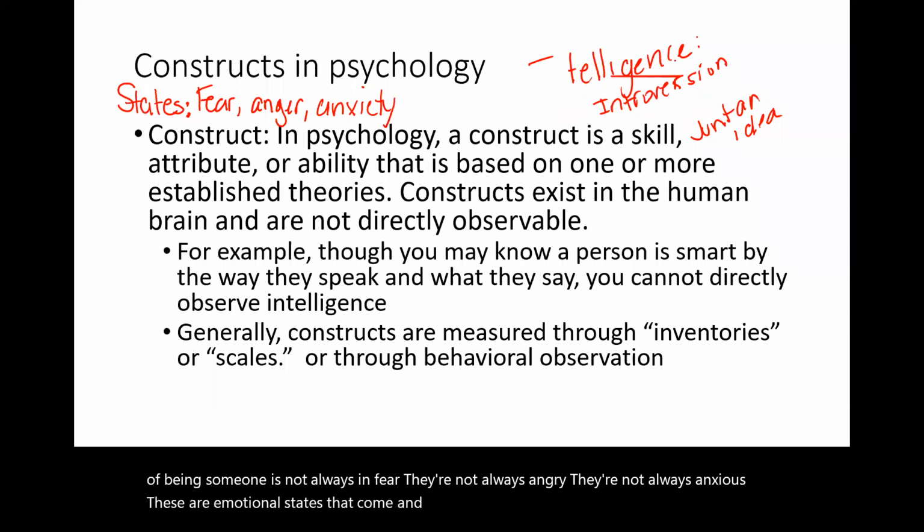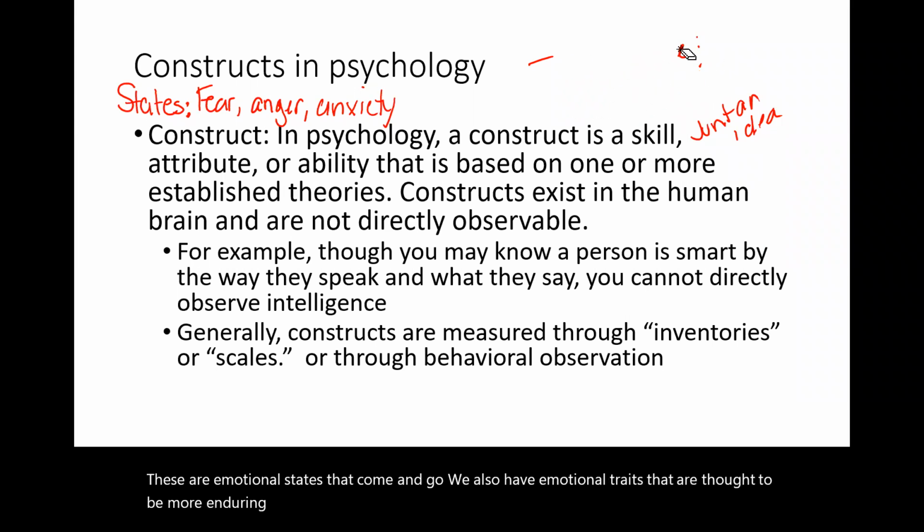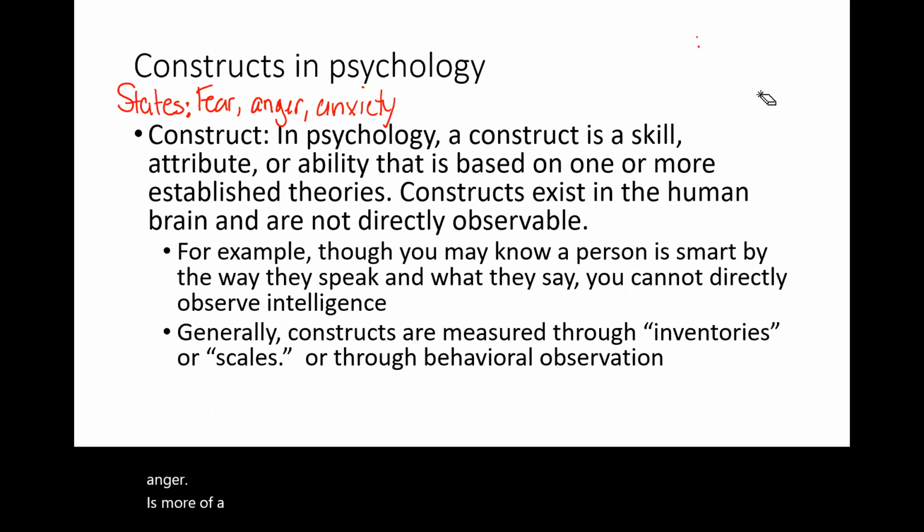We also have emotional traits that are thought to be more enduring, like introversion, extroversion, overall level of aggressiveness, tendency to anger is more of a trait, like how likely you are to get angry. So these right here are states. We also have traits.